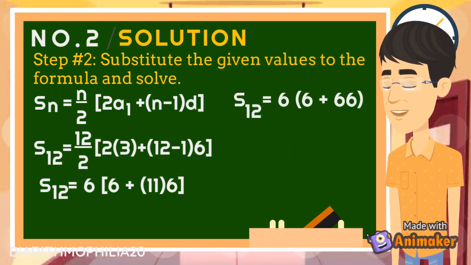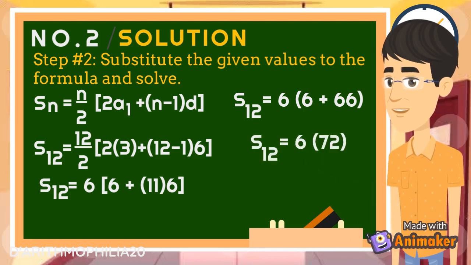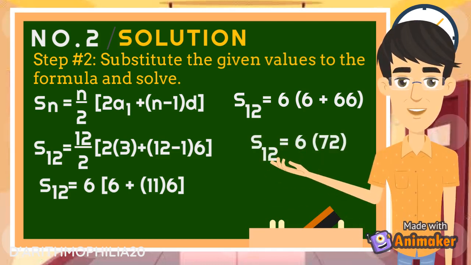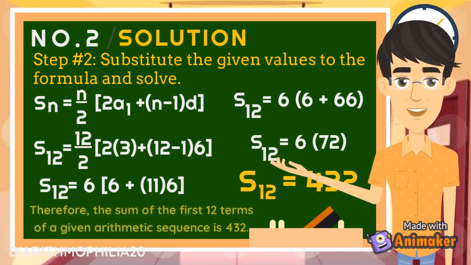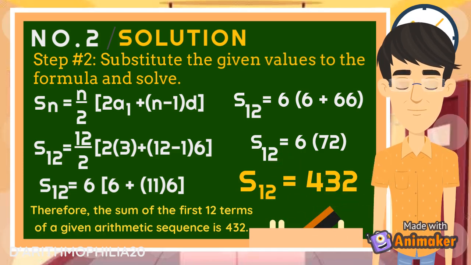Next, we will add 6 and 66 to get the value of 72, which later we will multiply to 6 for us to get our final answer, S sub 12, which is equal to 432. Therefore, the sum of the first 12 terms of the given arithmetic sequence is 432. Are we all clear, brainiacs? If yes, let us proceed to your activity.